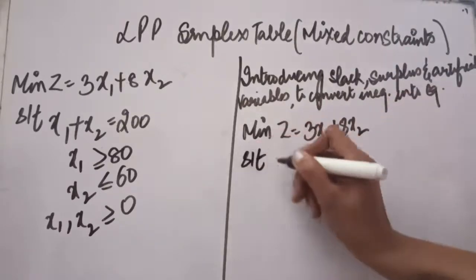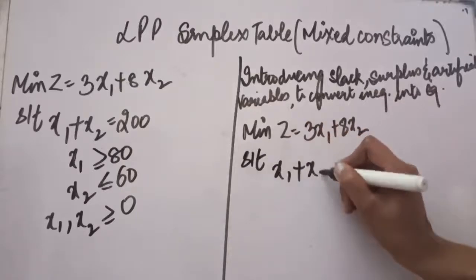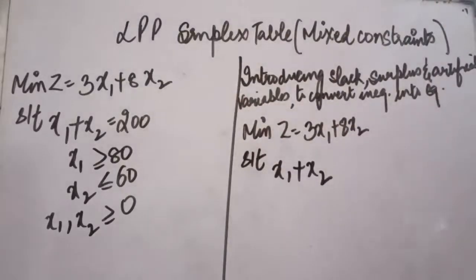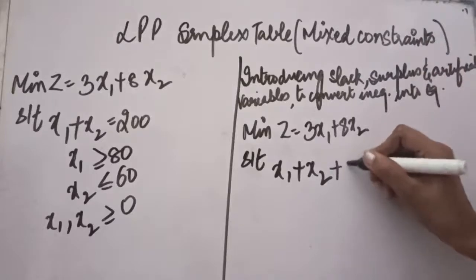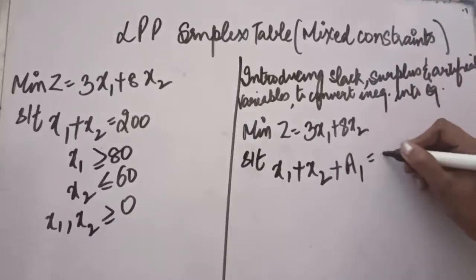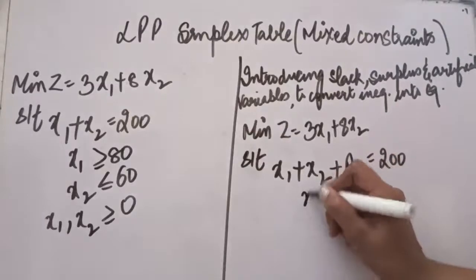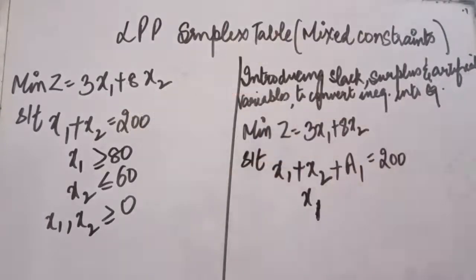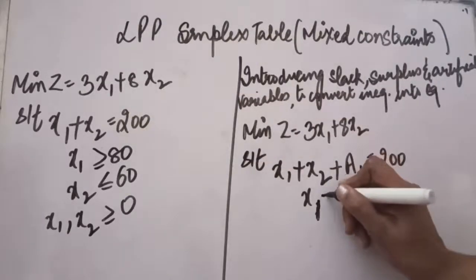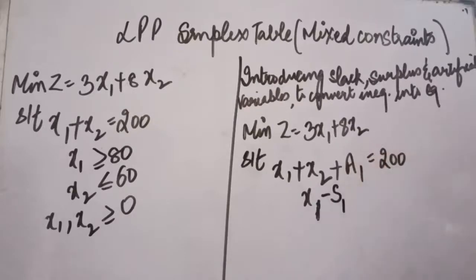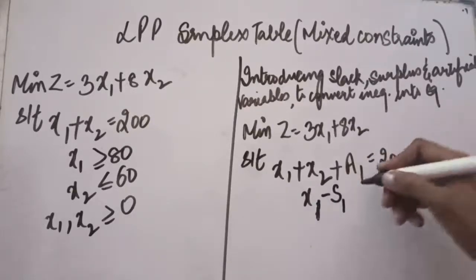Subject to. The first is x1 plus x2. Whenever an equal to sign is there, it is already equal, so we balance it with the help of our artificial variable. There is no slack or surplus, so we introduce only the artificial variable whenever an equal to sign is there. Second is x1 greater than or equal to 80. Whenever a greater than sign is there, we have the surplus variable in minus form.